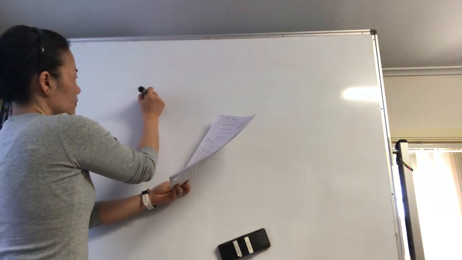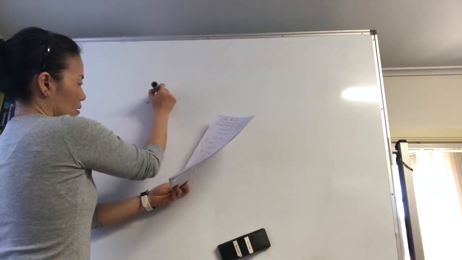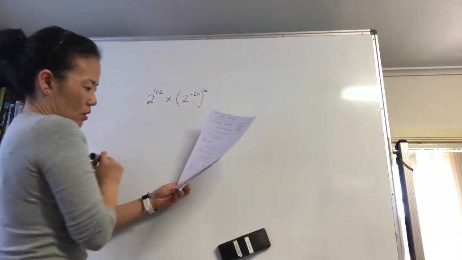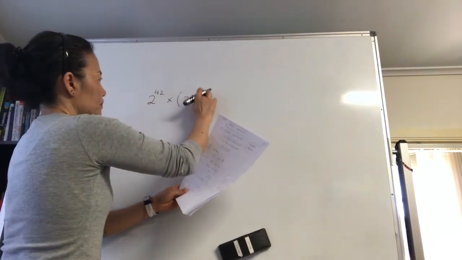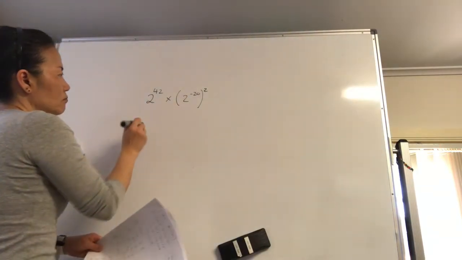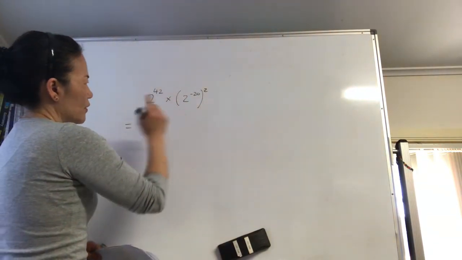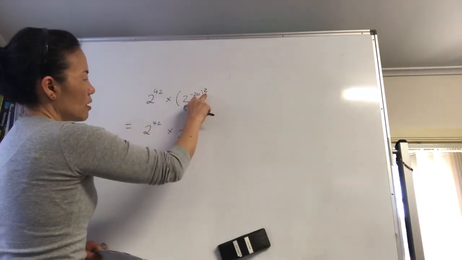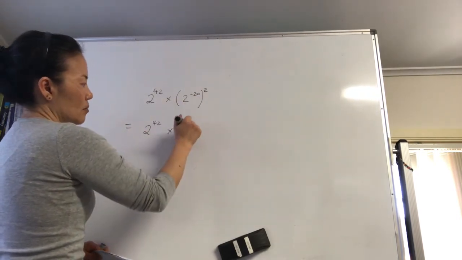Next one, indices. Okay, oops, sorry, 2. Now, I want to sort this out first. So 2 to the power of 4, 2, not a problem. 2 to the power of double of minus 20, minus 40.